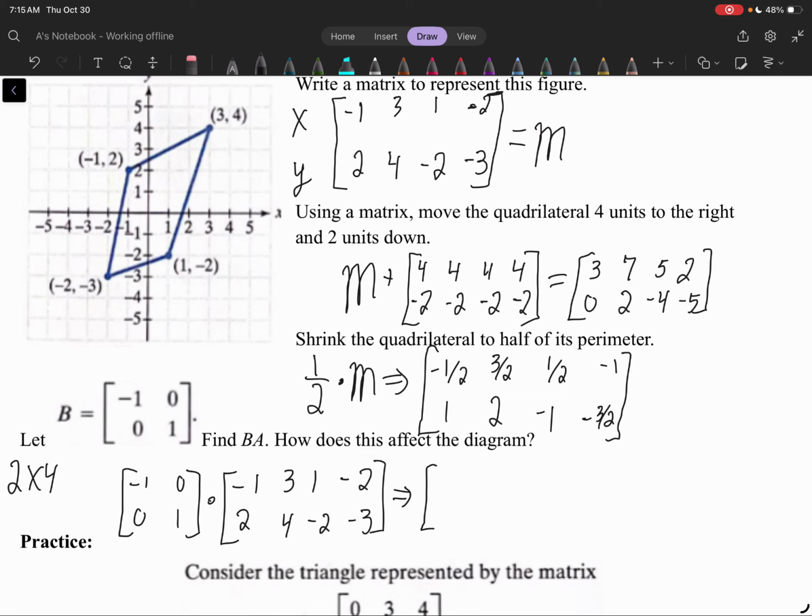I'm going to do the X column part of it and write it out for you. Taking my negative 1 times my negative 1, my 0 times my 2, negative 1 times my 3, 0 times my 4.